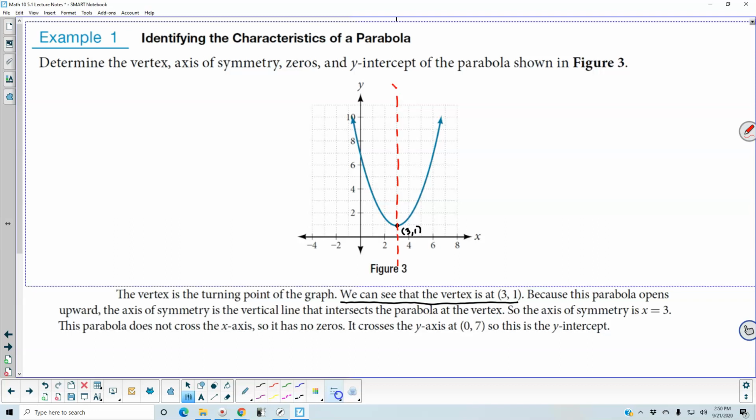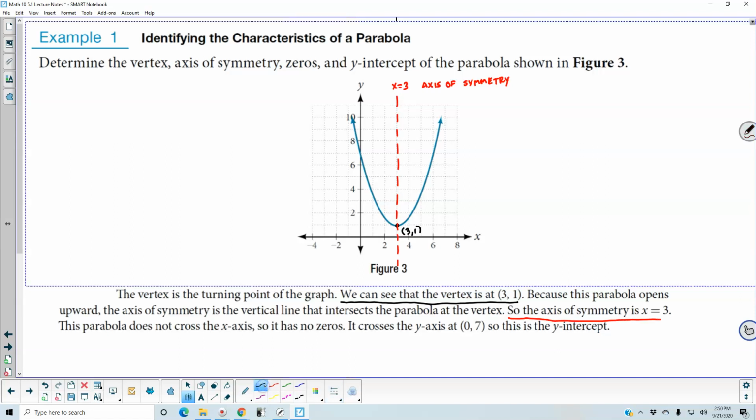So the axis of symmetry is x equals 3. So we can see here that the axis of symmetry is 3.